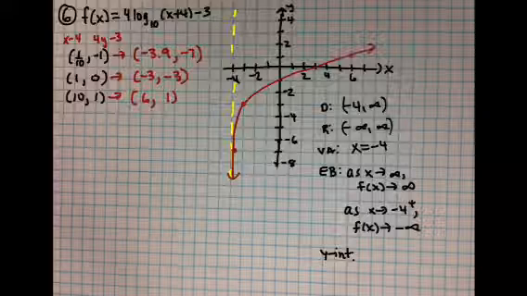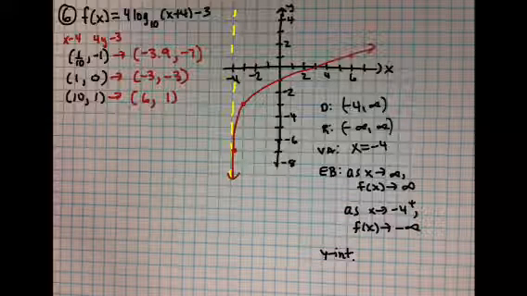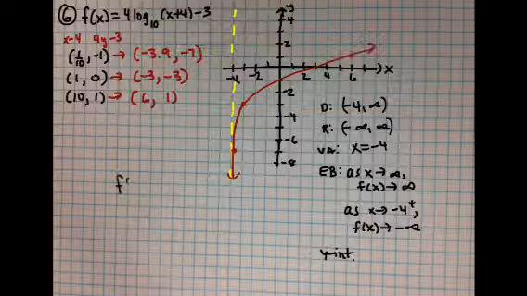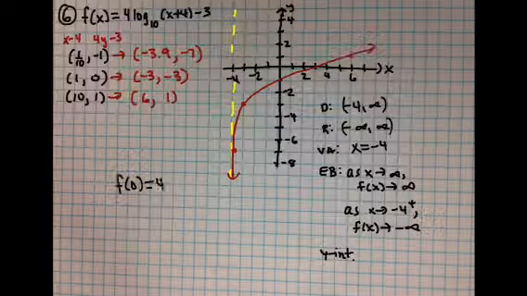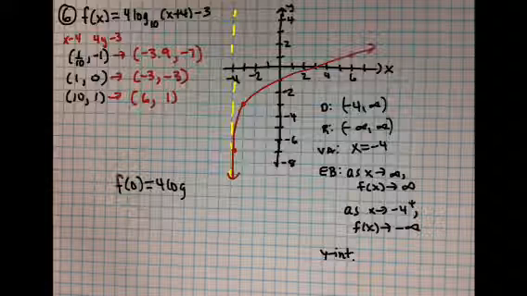Now for the y-intercept, we replace the x with 0. So you're going to do f of 0 equals 4 log. So it's base 10, so you don't have to put the base of the 10 if you don't want. So 0 plus 4 is 4 minus 3.